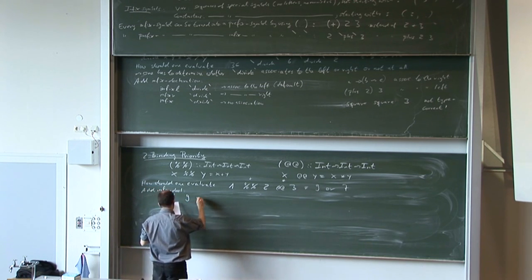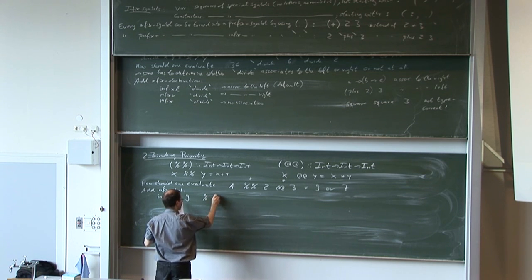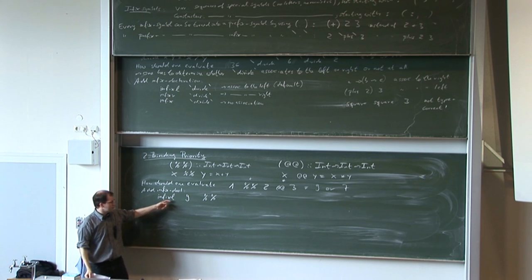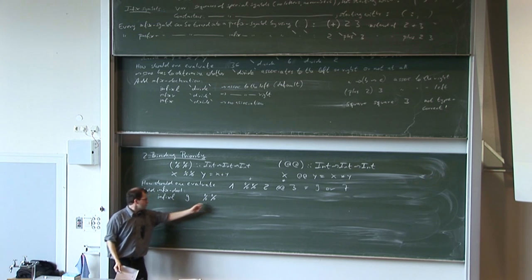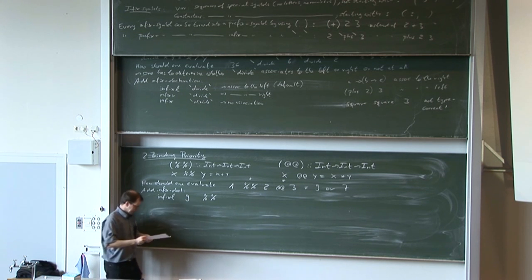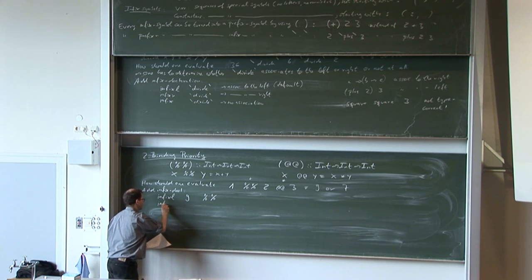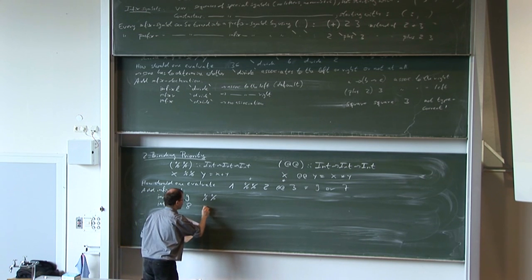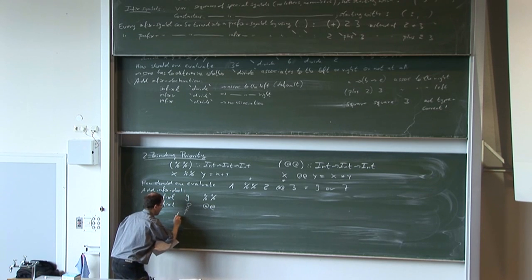You can write a number, and now the rest is the same. And this number is the binding priority. So this declaration says this operator associates to the left, and it has binding priority 9. And this other operator also associates to the left, but it only has binding priority 8. So this here is the binding priority.